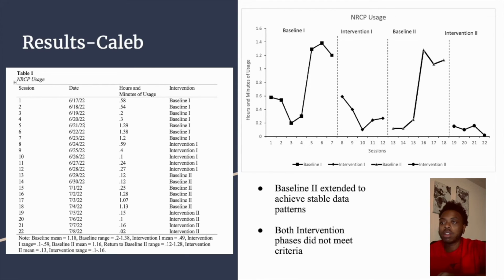So on baseline 1, I took the last 3 data points, and to move to intervention, I took the last 3 data points because the three prior to that had a very big increase, which delayed the intervention process. I decided to use them because of the stability of the last 3.